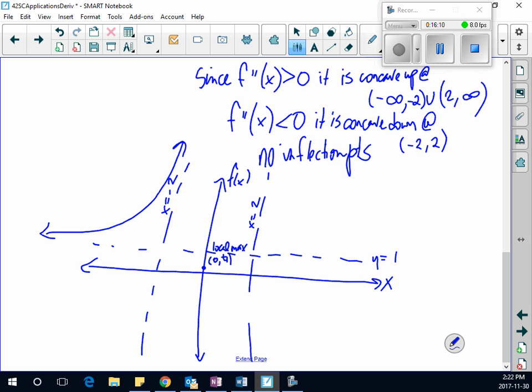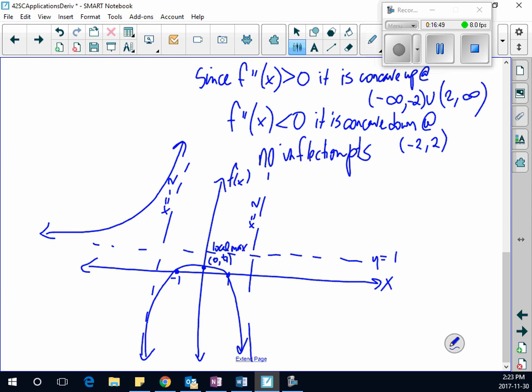The sign diagram said it was above the x-axis on the left of -2. Do you remember that? Okay, then it says it was below the x-axis between -2 and -1 and 1 and 2. So because we should have it going through +1 and -1 as our x-intercepts, right? So it looks like this.